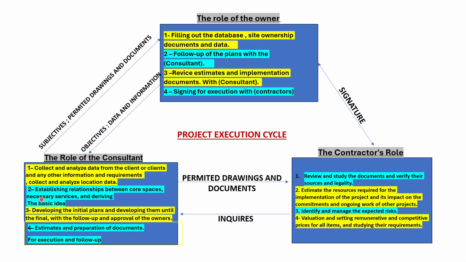Some accommodation can be suggested as service accommodation for the core accommodations, or the main accommodations of the project, and then he puts the basic idea as the conceptual design.